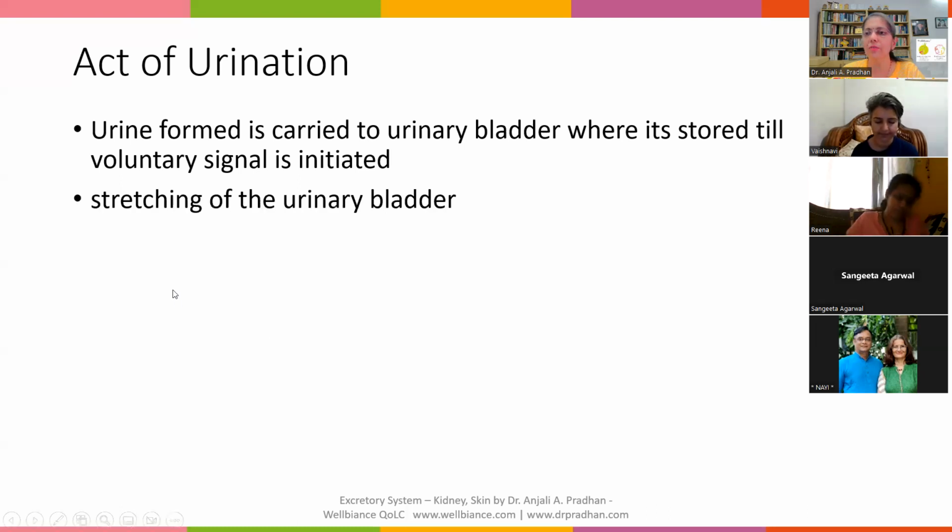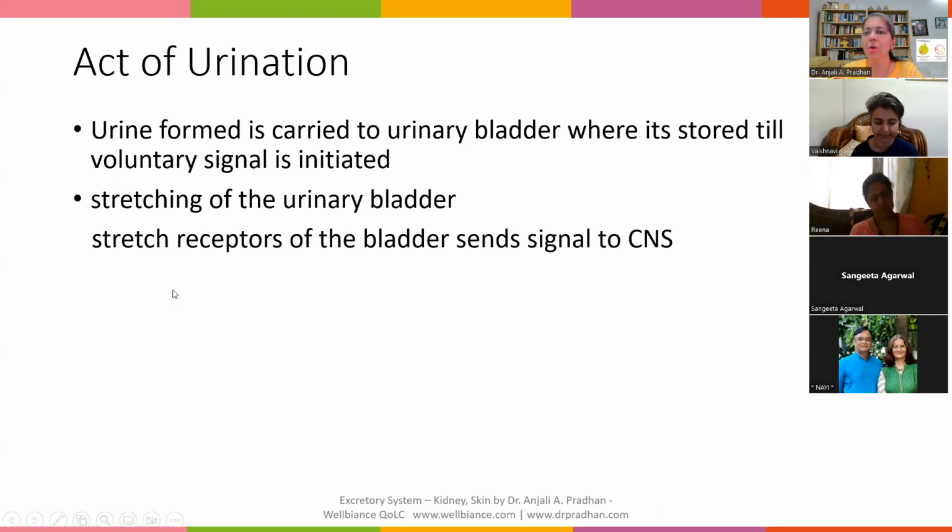Okay, urine जो है, that is formed in the kidney, through ureter it is stored in the bladder. थोड़ा amount बढ़ने के बाद, when the volume of the urine is more, that time these stretch receptors, it causes the stretching of the urinary bladder, and these stretch receptors send signals to CNS, central nervous system.